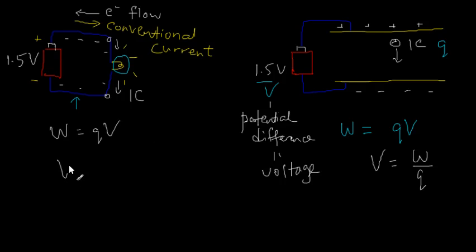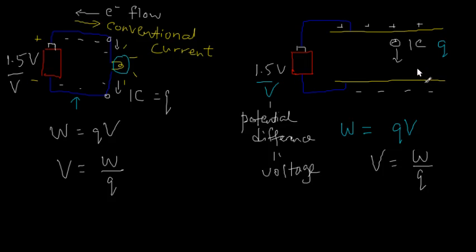Okay, because the voltage is related to the work and the charge by work done over charge. So that's my charge of 1 coulomb, and that's my voltage, V. So in this way, we have a relation for the circuit as well between the voltage of the battery and the charge that flows through the light bulb.